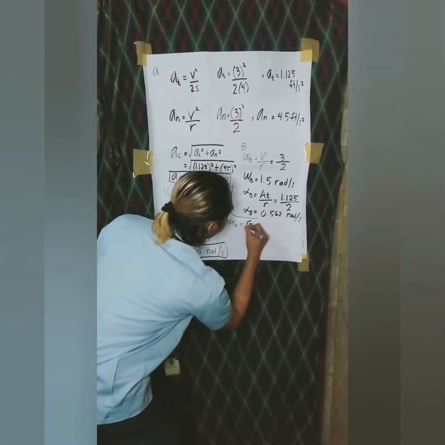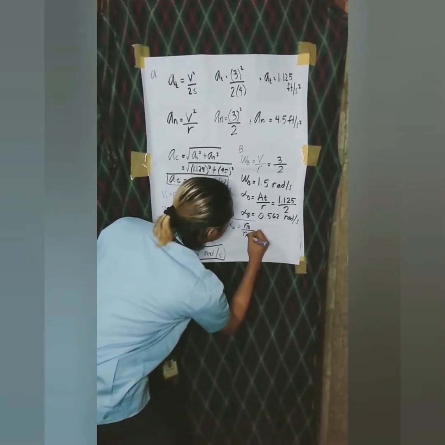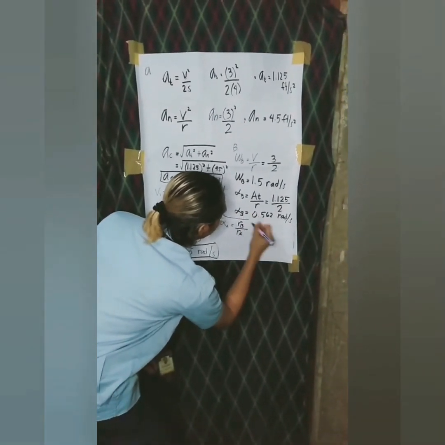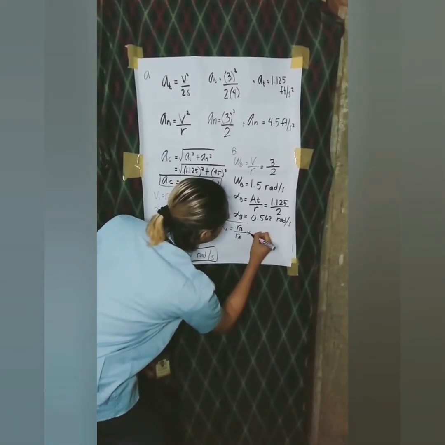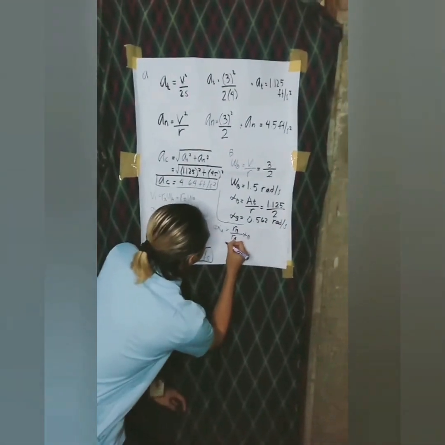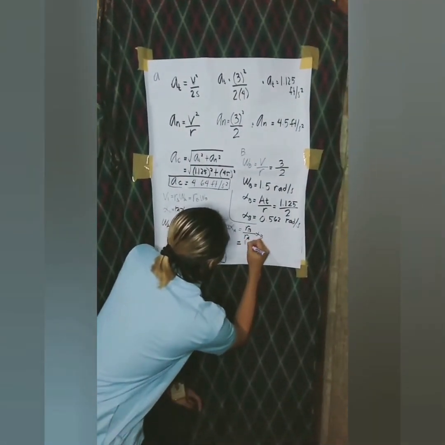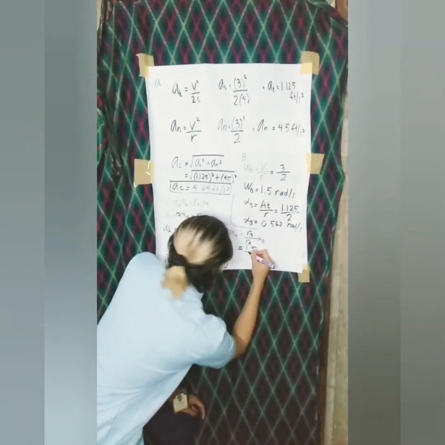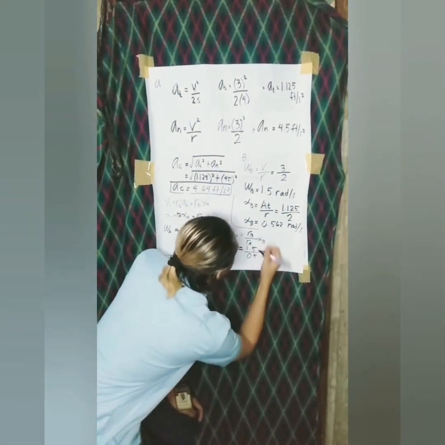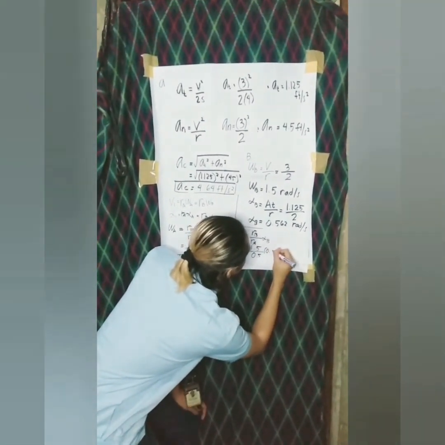So the angular acceleration is equal to, by manipulation of the formula again, RB over RA multiplied by the angular acceleration of B. Substituting the values, 1.5 over 0.5 multiplied by 0.562.